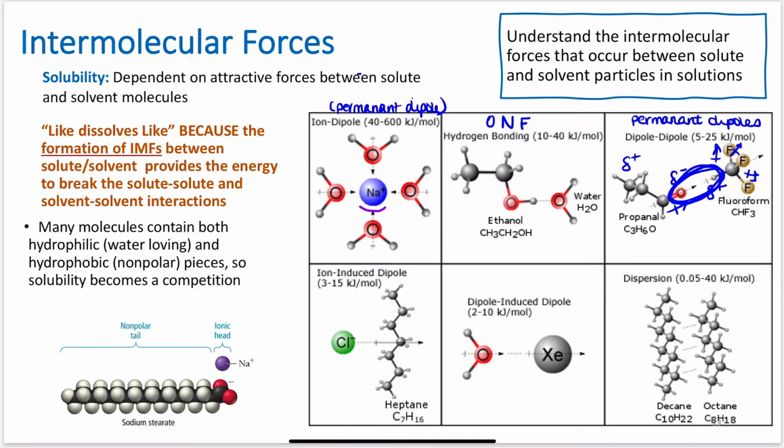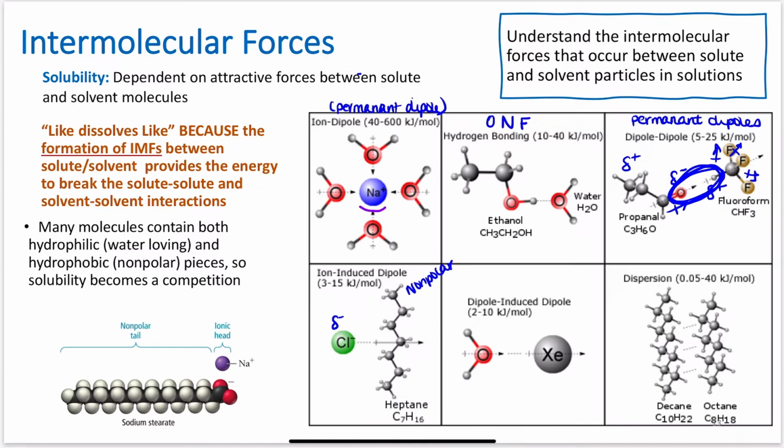We have ion-induced dipole. An ion-induced dipole is where an ion induces a dipole in a nonpolar species. So chlorine forms chloride. Chloride is an ion, a Cl minus, it has one extra electron, which means this has a negative charge to it.